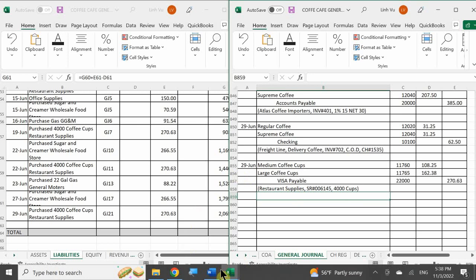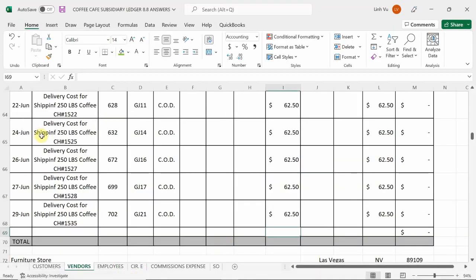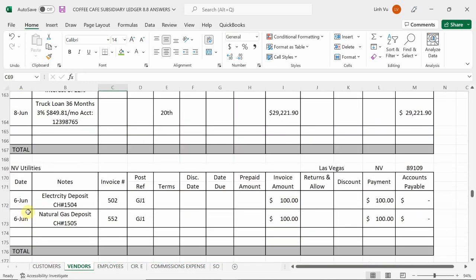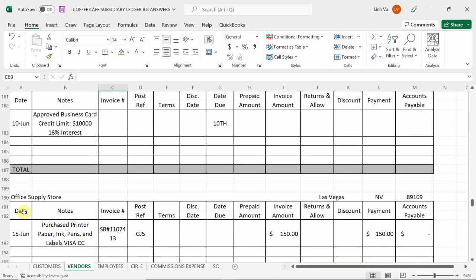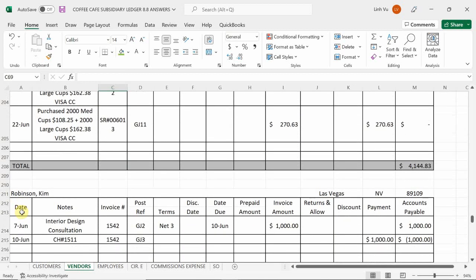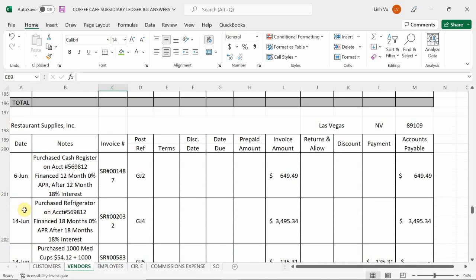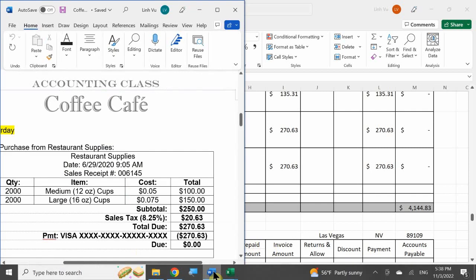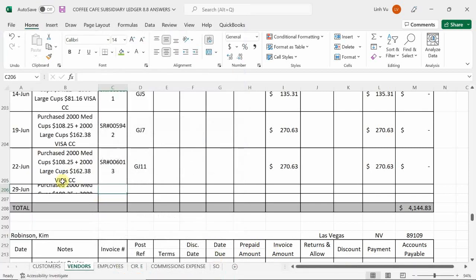All right. So then we got to update my restaurant supplies just in case I end up returning those coffee cups. I think this is it. Restaurant supplies right here. Yes. Okay. It's the 29th here. Okay, for sales receipt number 6145.